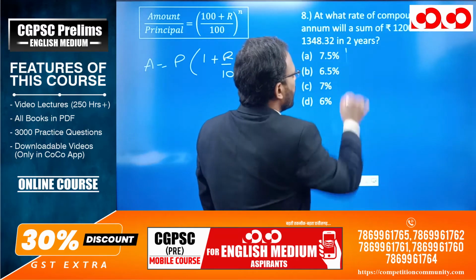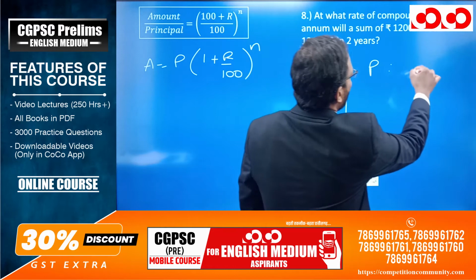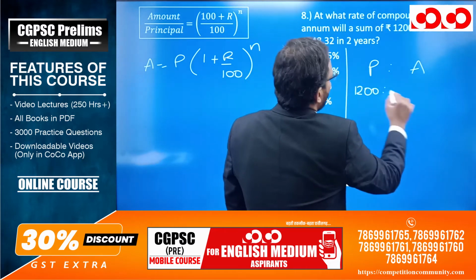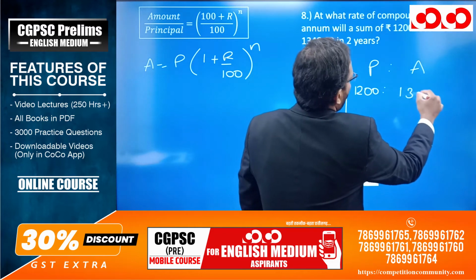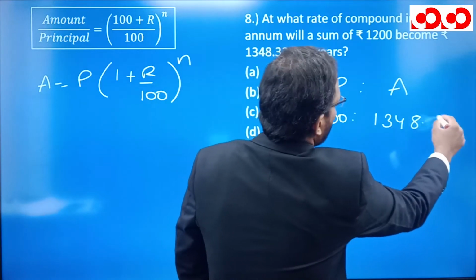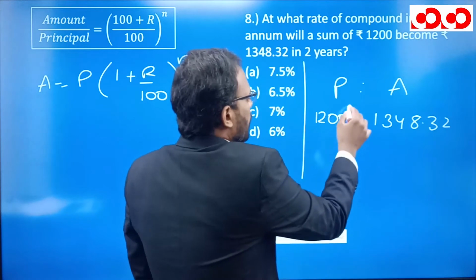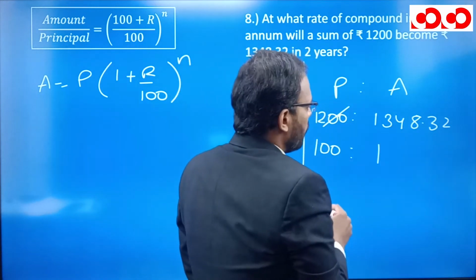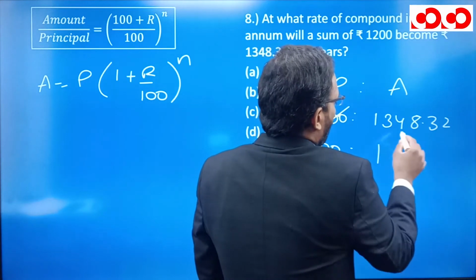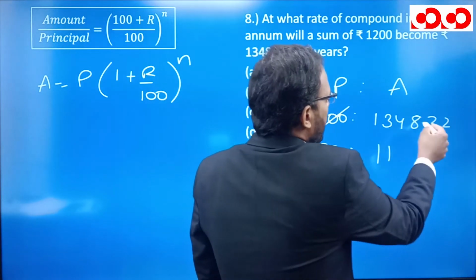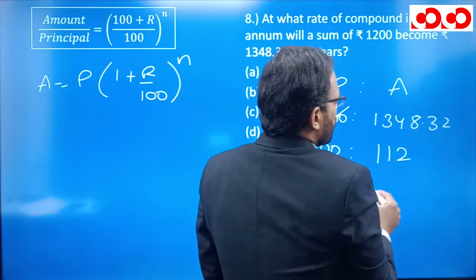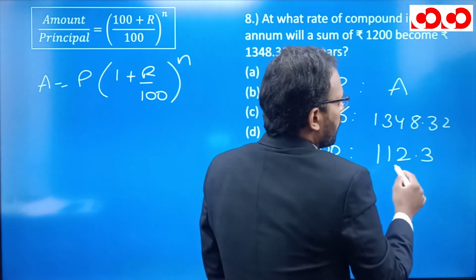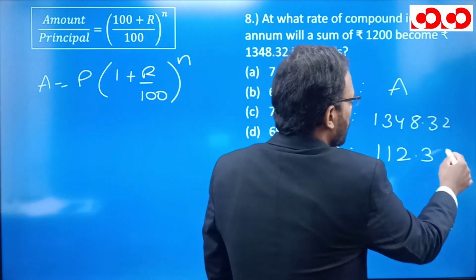What we will do is we will take out the ratio of principal and amount. My principal over here is 1200 and the amount over here is 1348.32. Let us cut it by 12. If I cut it by 12, we'll get 100 over here, and this becomes 112.36, and so on.